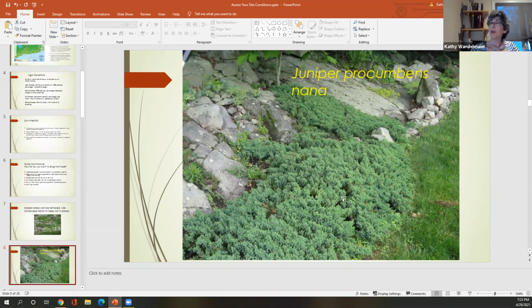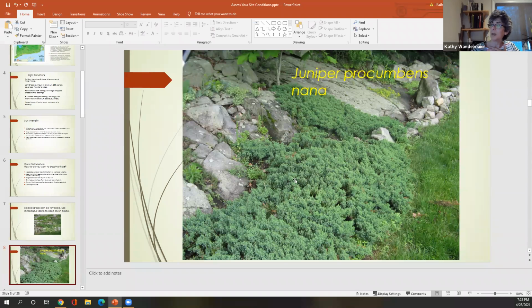This Juniper Procumbens, creeping juniper, which you see in a lot of places, used to stabilize slopes, looks really nice growing down over these rocks. It actually grows all over the place. It spreads out in all directions.